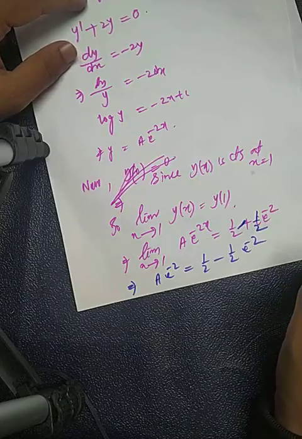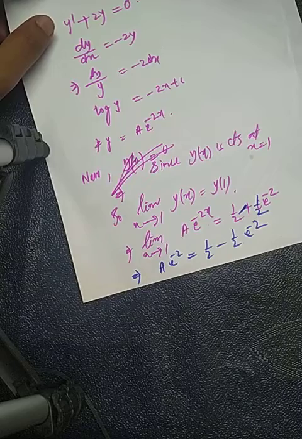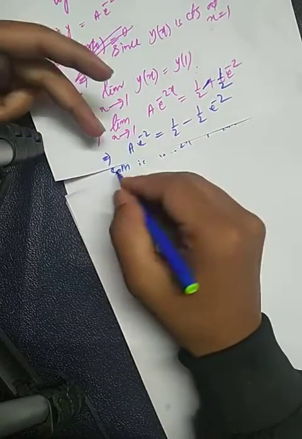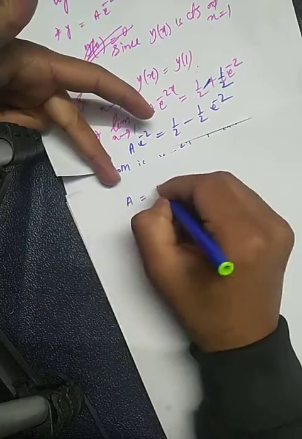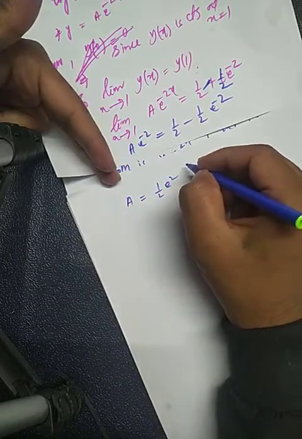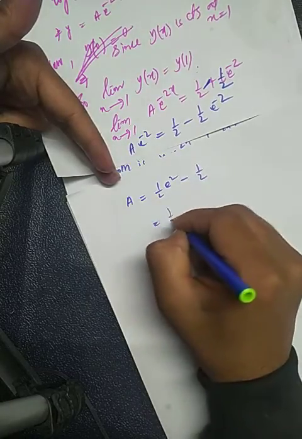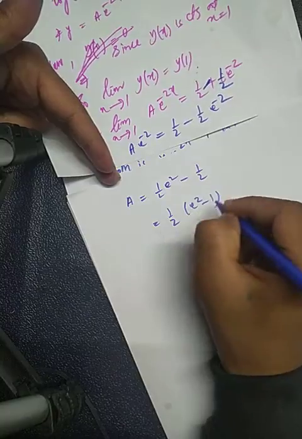So what we can say from here is certainly that a is equal to half of e squared minus half, so half into (e squared minus 1).